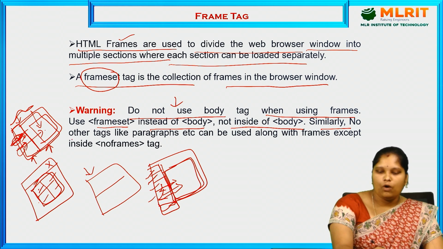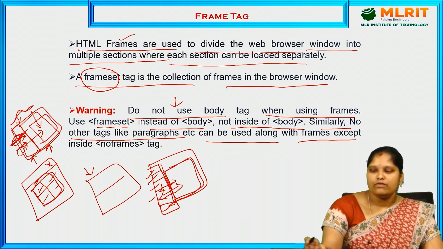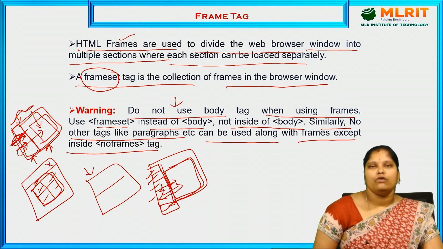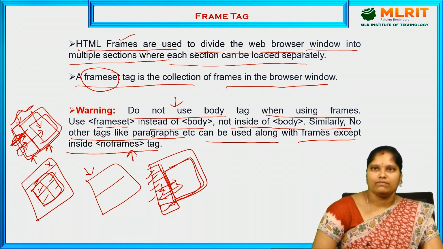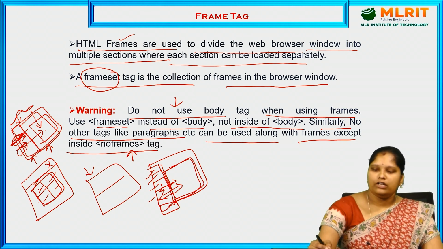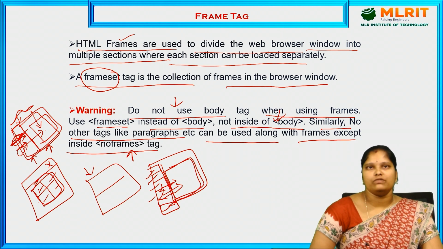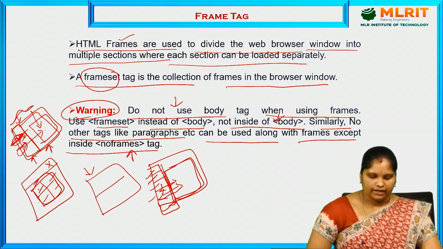Similarly, no other tags like paragraphs can be used along with the frames except inside the noframes tag. If you want to use a paragraph, then you can use the noframes tag. If you have to deal with frames, there is no need to use the body tag. This is the warning of the frame tag.